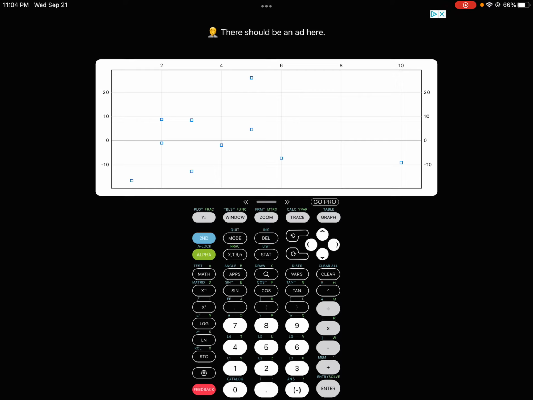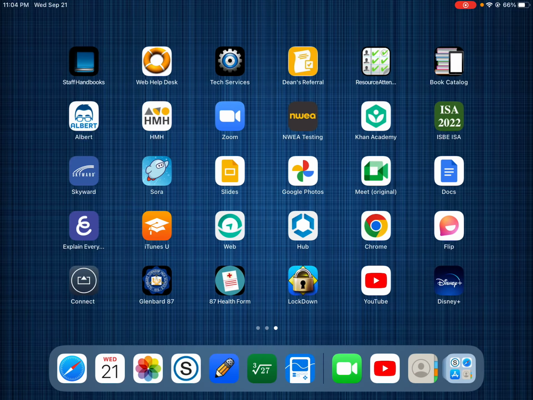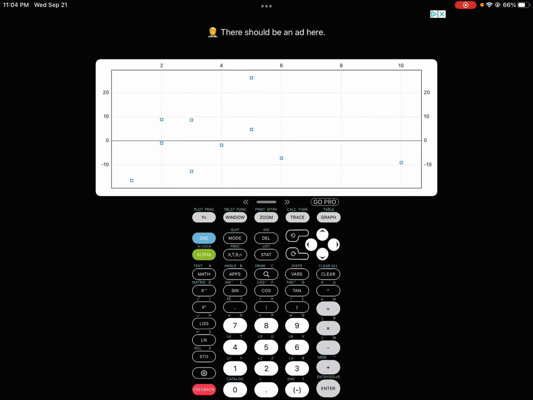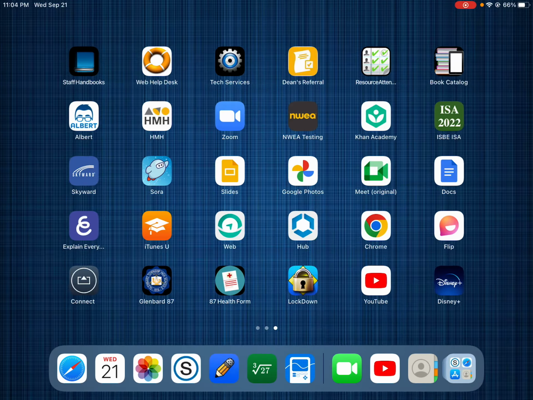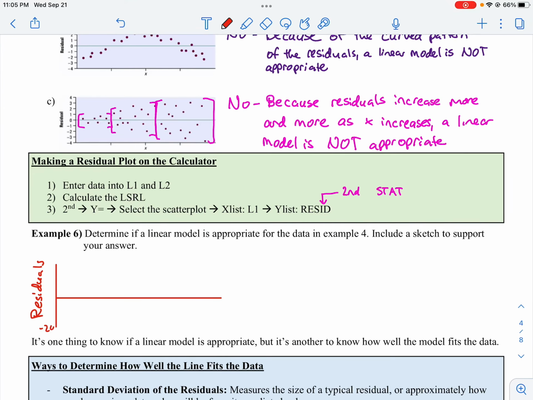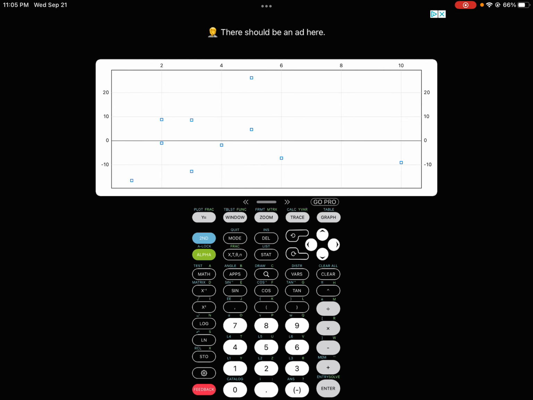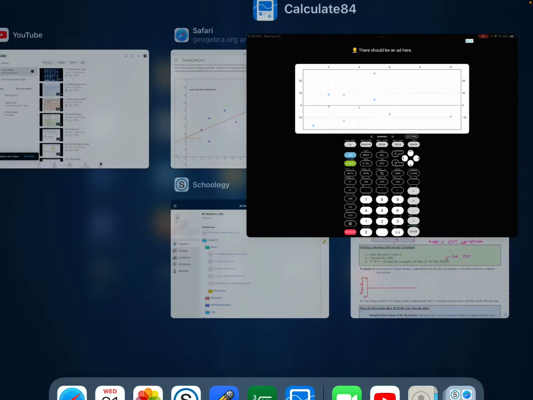We can see that our residuals are basically going from negative 20 on the vertical axis up to a positive 30. We can see that our horizontal axis is going from 0 up to 10.